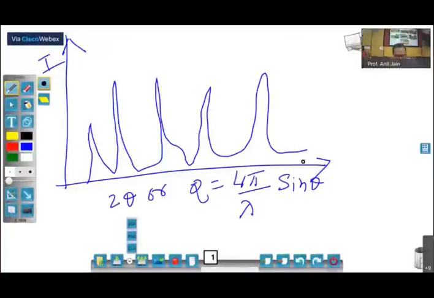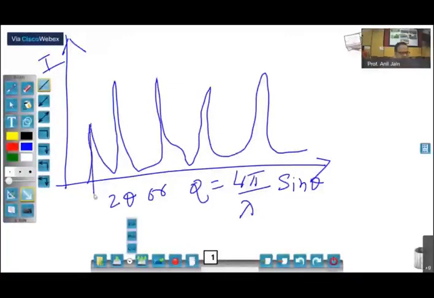Now, once you have this neutron or X-ray diffraction pattern, there are a couple of pieces of information which we get from this powder pattern. First is the position of these peaks.